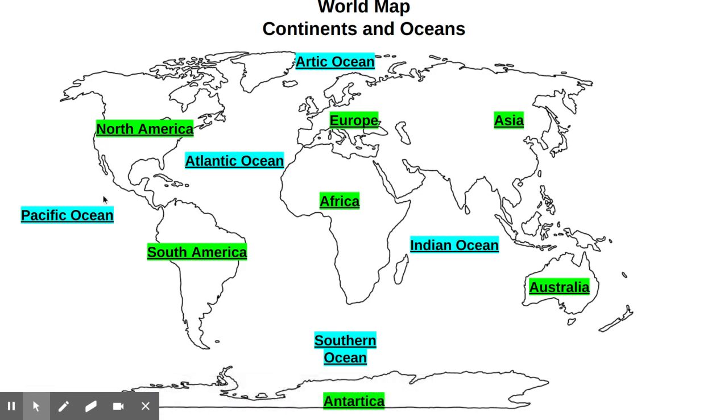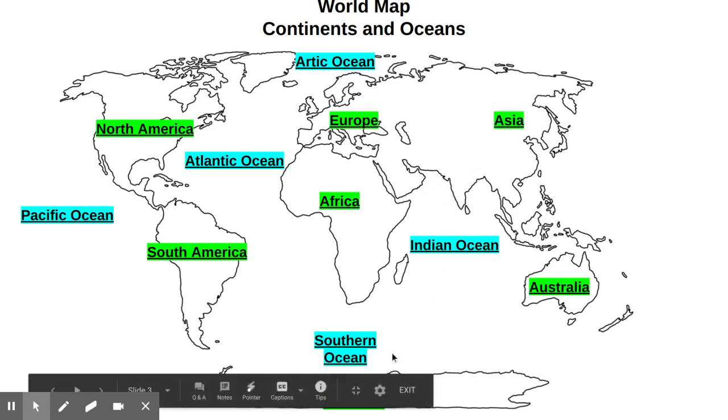That would be like California. The Atlantic Ocean borders the eastern coast of North and South America. So if you went to the ocean on Long Island, if you went to Smith's Point, or if you went to Jones Beach, you would be visiting the Atlantic Ocean. We have the Arctic Ocean, the Indian Ocean, which borders India, which is right here, and then the Southern Ocean.